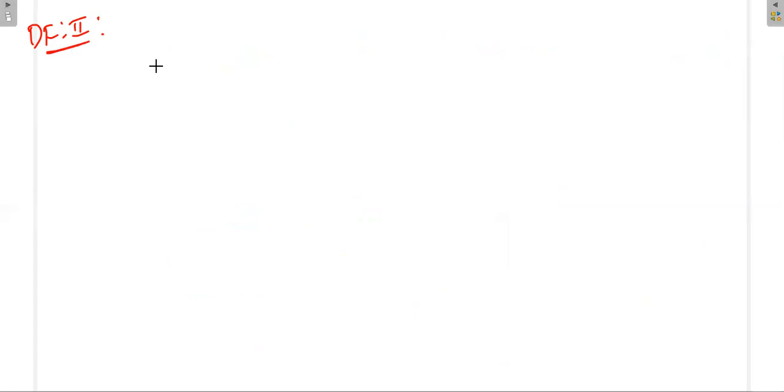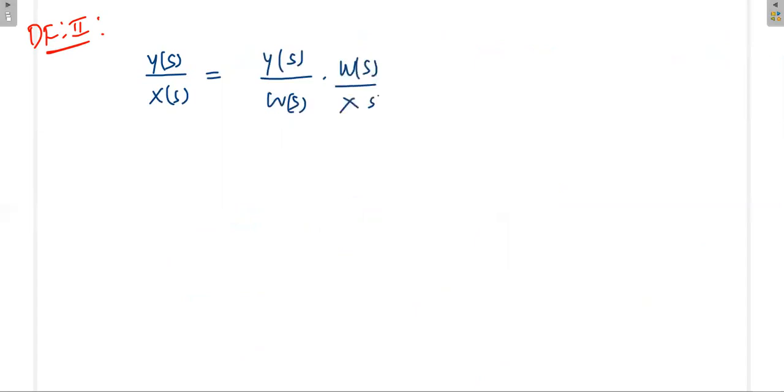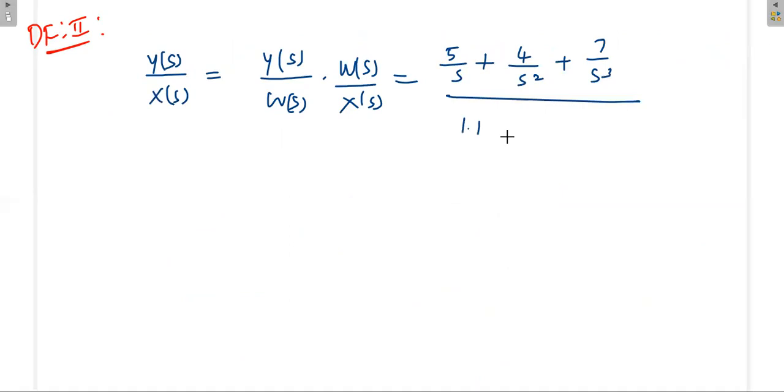Okay, in direct form 2 realization, Y of s divided by X of s is equal to Y of s divided by W of s, W of s divided by X of s, is equal to 5 by s plus 4 by s square plus 7 by s cube, divided by 1 plus 4 by s plus 7 by s square plus 8 by s cube.